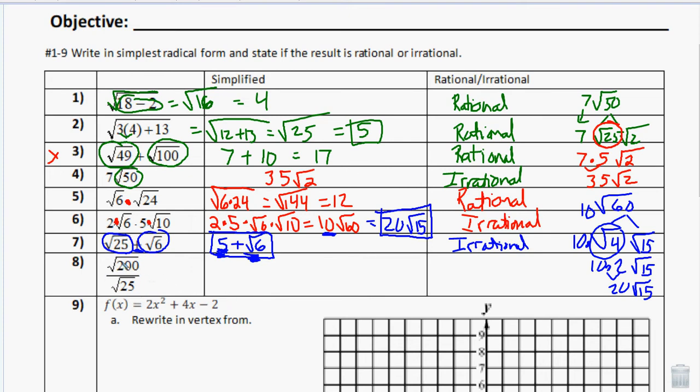Now, when we do number 8, I can choose to simplify the numerator and the denominator, or maybe you want to divide first, because we can apply that rule to division that we applied here with multiplication, that you are allowed to divide first and then square root.